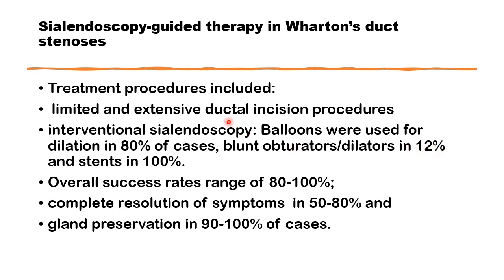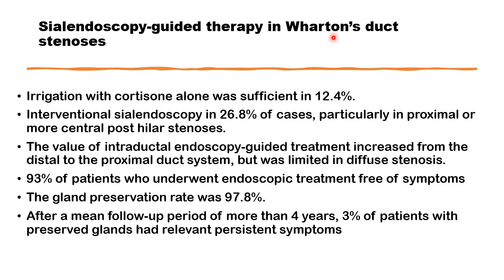The success rates are quite high, in the area of 80 to 100%, with a complete resolution in a lesser percentage, about 50 to 80%, and preservation of the gland in more than 90% of the cases. In Wharton's duct, just irrigation through a sialendoscopy-guided therapy with a solution containing steroids can be sufficient in 12% of the cases.